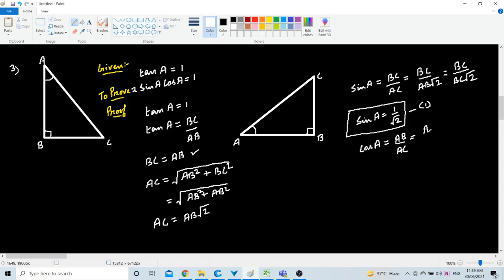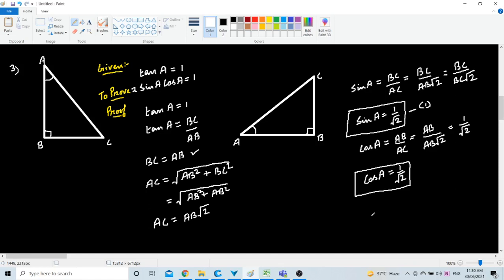This will be AB upon AB root 2, and that's equal to 1 upon root 2. Cos A equals 1 upon root 2. Fine.